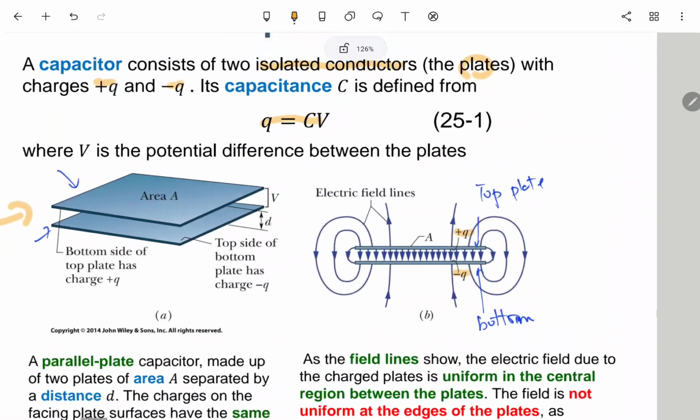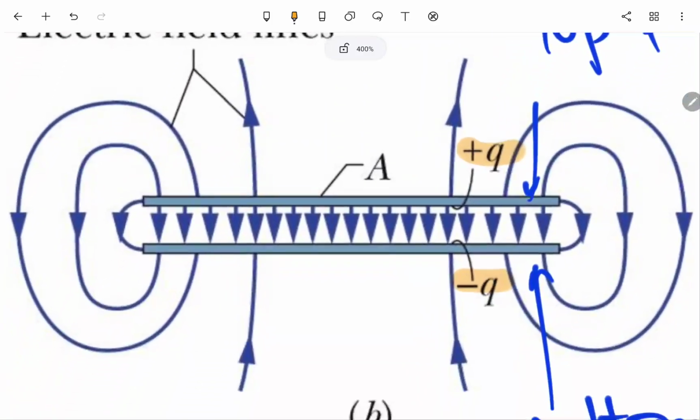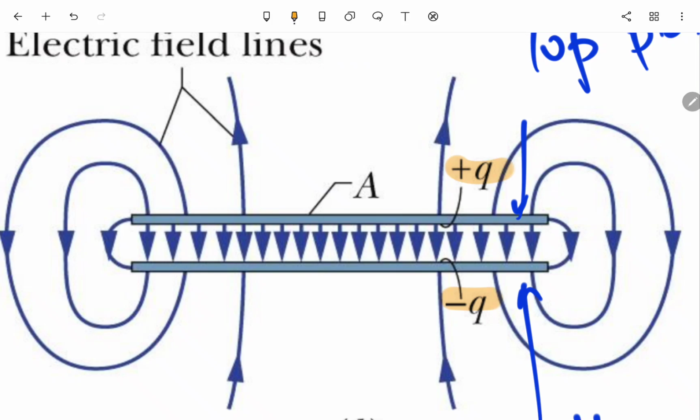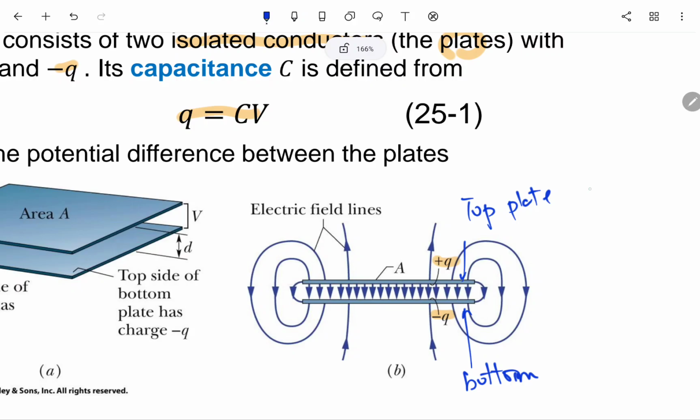Actually we have learned this before in chapters 22, 23, and 24. This structure generates a uniform E field. At that time we assumed the plate is very large. If there is only a single plate with charge plus Q distributed uniformly, it will generate an E field on both sides.